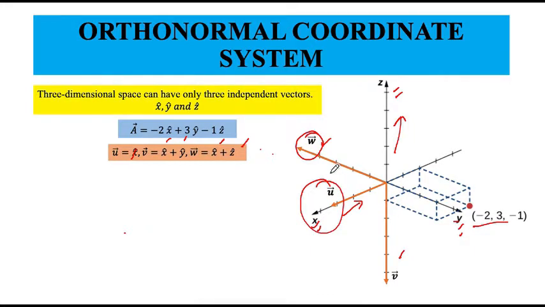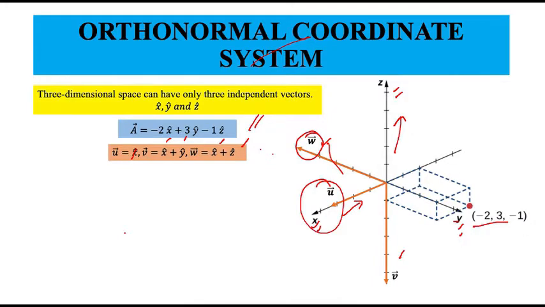Now it turns out that I can use u, v and w to construct any vector, just like I could construct using x, y and z. So I can construct any vector at all using u, v and w. Let's try this out for the example A itself.